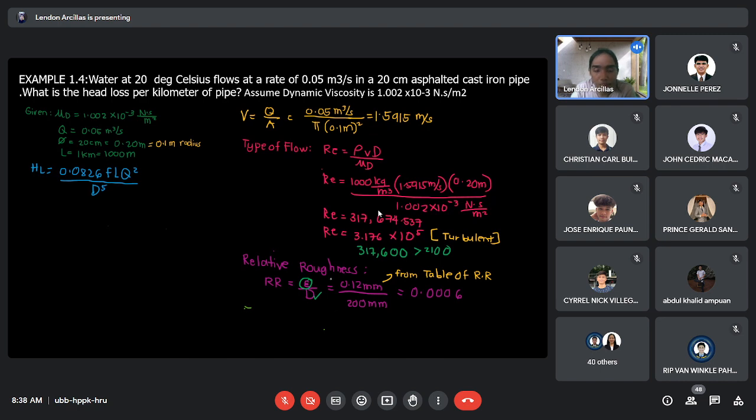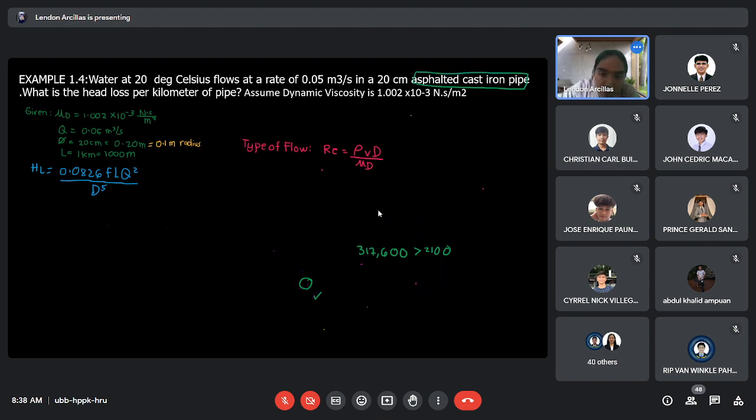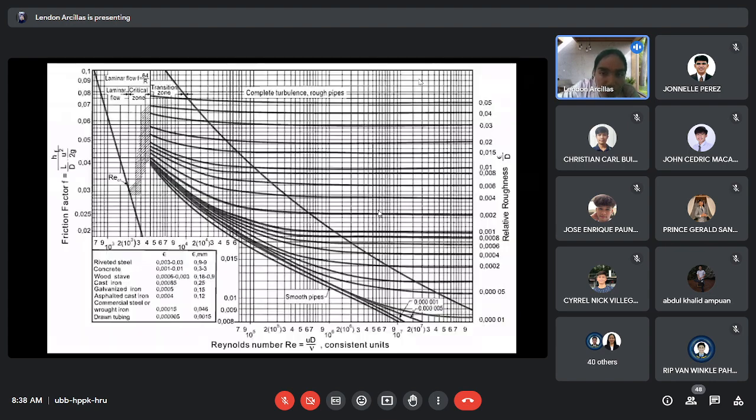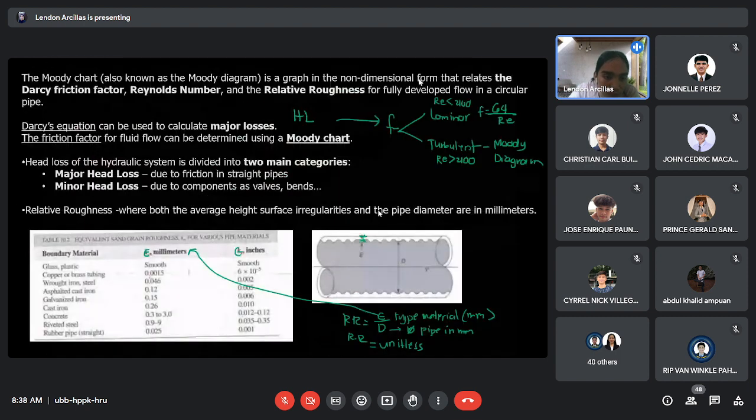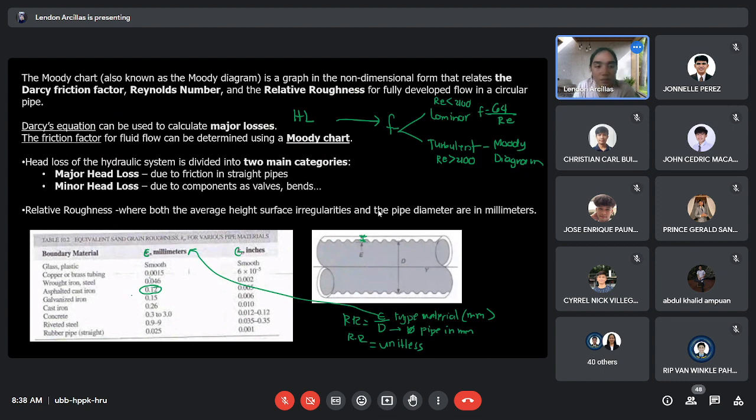We will just convert this to millimeters. The epsilon, we look for it in the given. Since this is an asphalted cast iron pipe, let's go back there. What is the value of epsilon? You can see asphalted iron pipe, that is 0.12 millimeters.